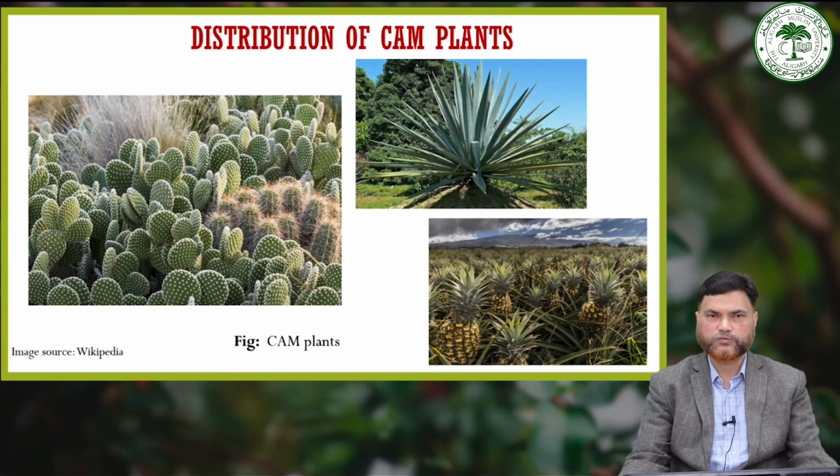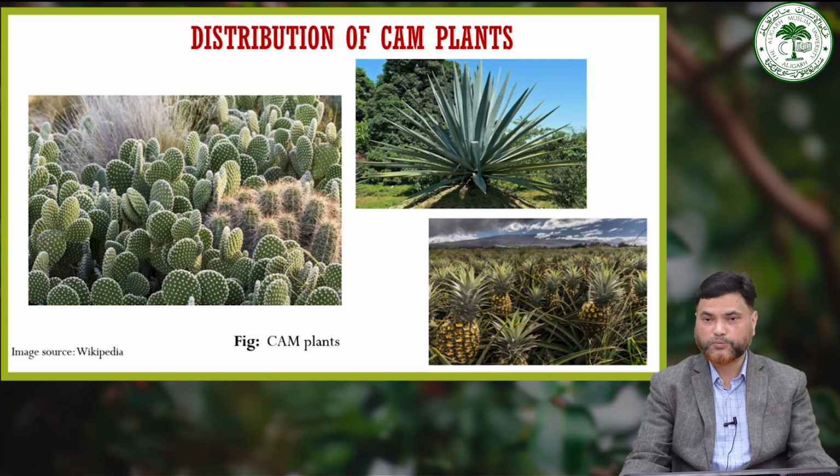In addition to flowering plants, CAM plants also occur in certain ferns such as Isoetes, some lithophytic and epiphytic ferns, and in Welwitschia mirabilis, a gymnosperm you might have heard of. The CAM pathway is also observed in certain aquatic plant species.